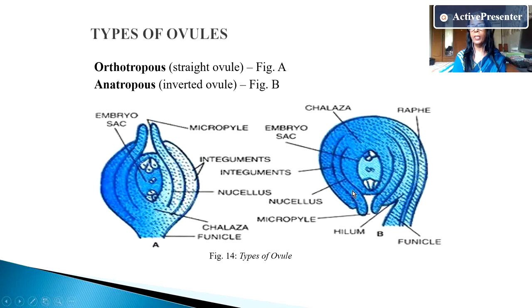Two integuments, inner one and outer one, are the coverings of the ovule, the protective layer of the ovule. Then this is the stalk of the ovule, funicle. And this is the base of the ovule, chalaza. And this is the top of the ovule, micropyle. And the point of contact of the funicle with the ovule is known as hilum. So this is the structure of the anatropous ovule.